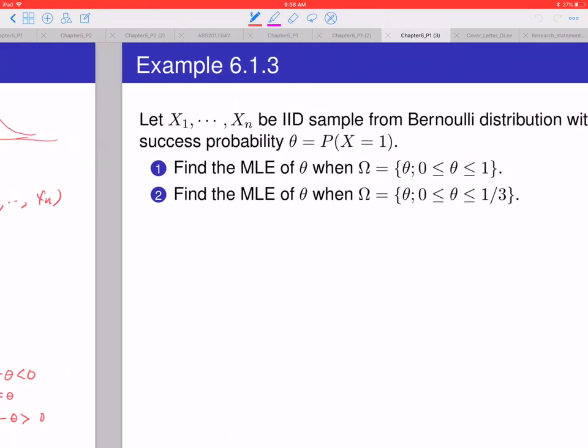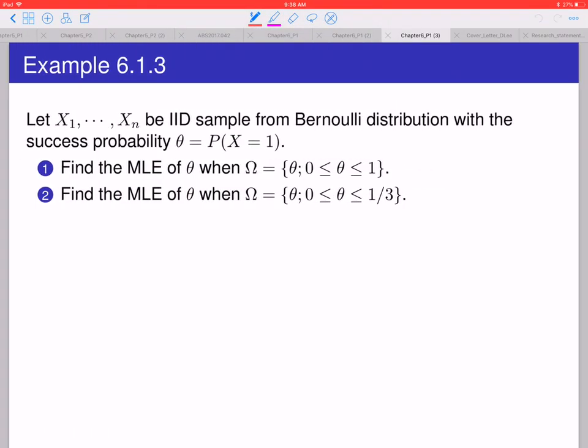Okay. Now let's move on to the next topic. The Bernoulli distribution: the density function is theta to the x times 1 minus theta to the 1 minus x, and so the likelihood function is something like this.